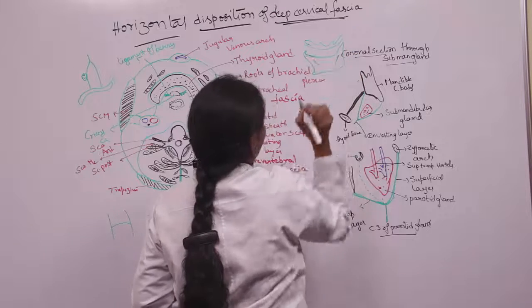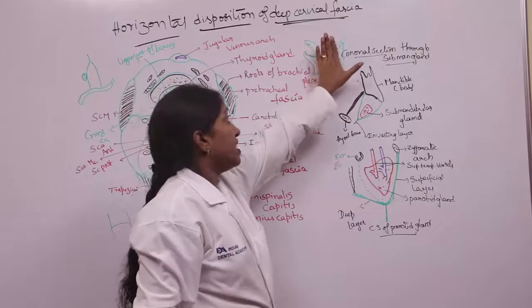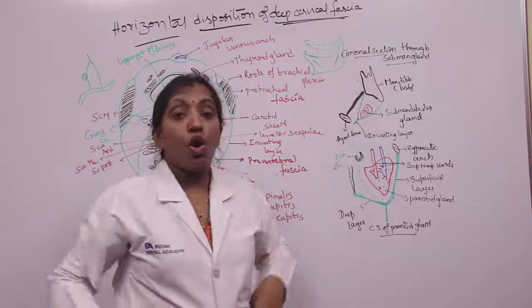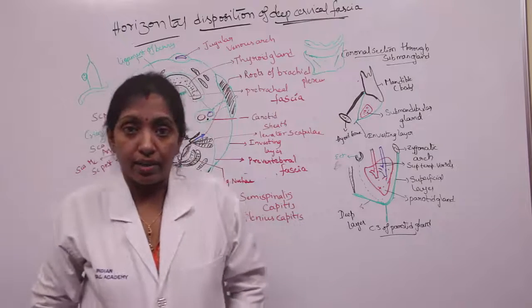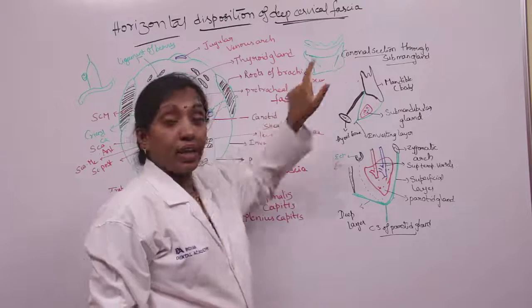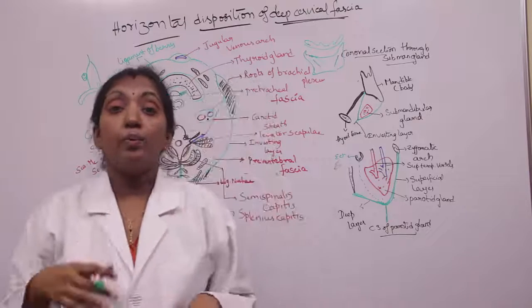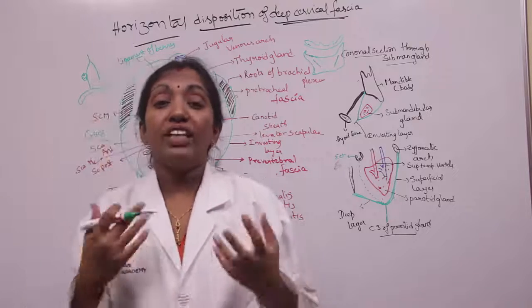Here we have the oblique line of thyroid cartilage. Because of the pretracheal fascia attachment to the hyoid bone, the oblique line of thyroid cartilage and the cricoid cartilage, the thyroid gland moves up and down with deglutition.